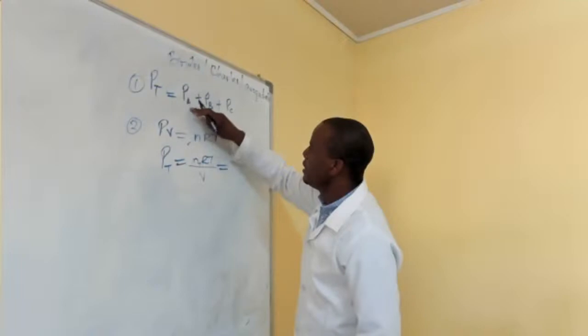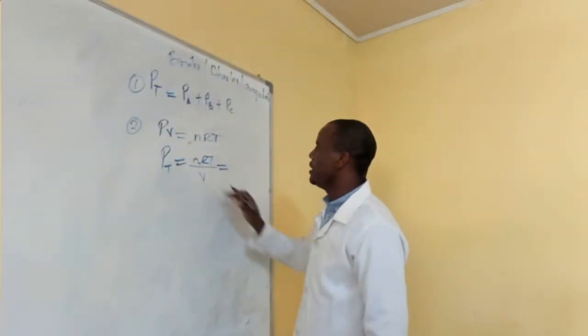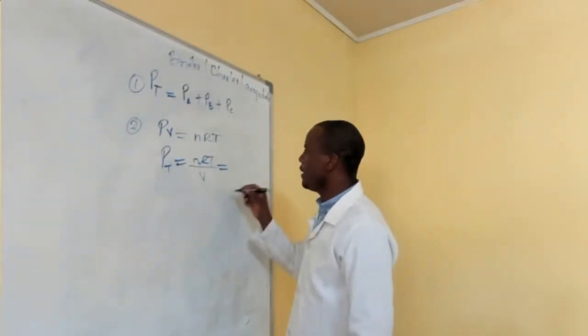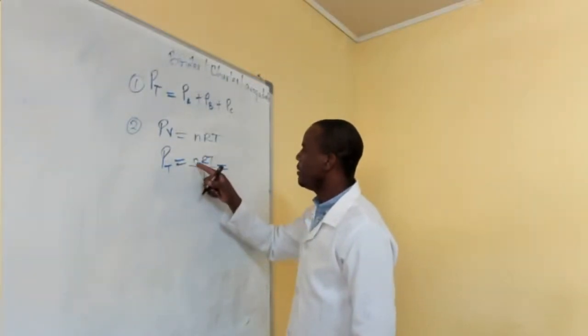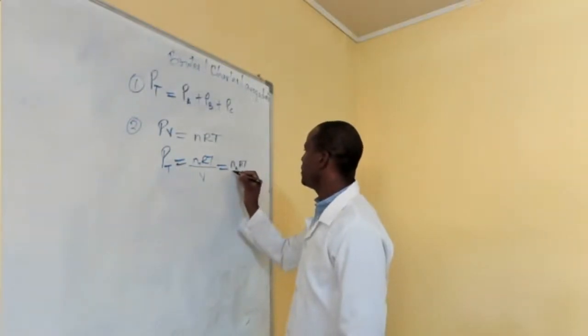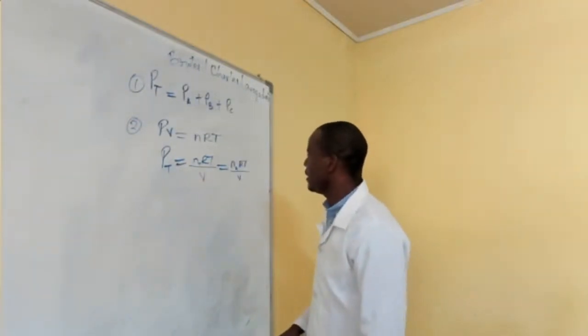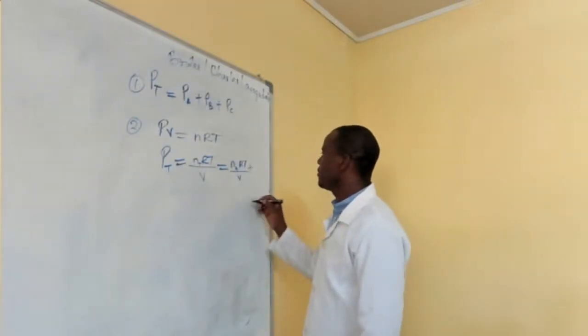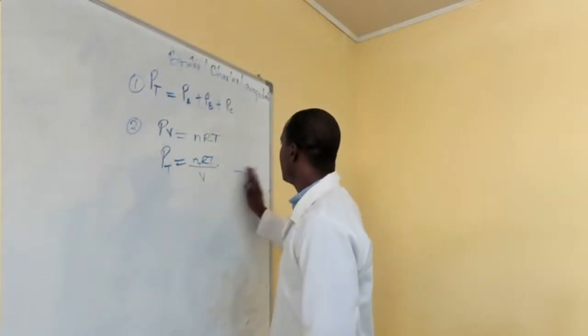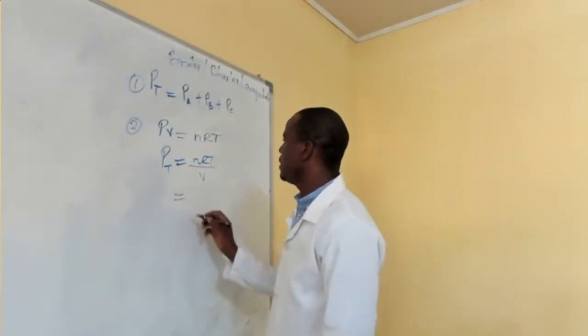Now, each one of these is equal to that, meaning that we can actually say the partial pressure of A will be equal to number of moles of A multiplied by RT divided by V. Let me just write this side so that you can see it.